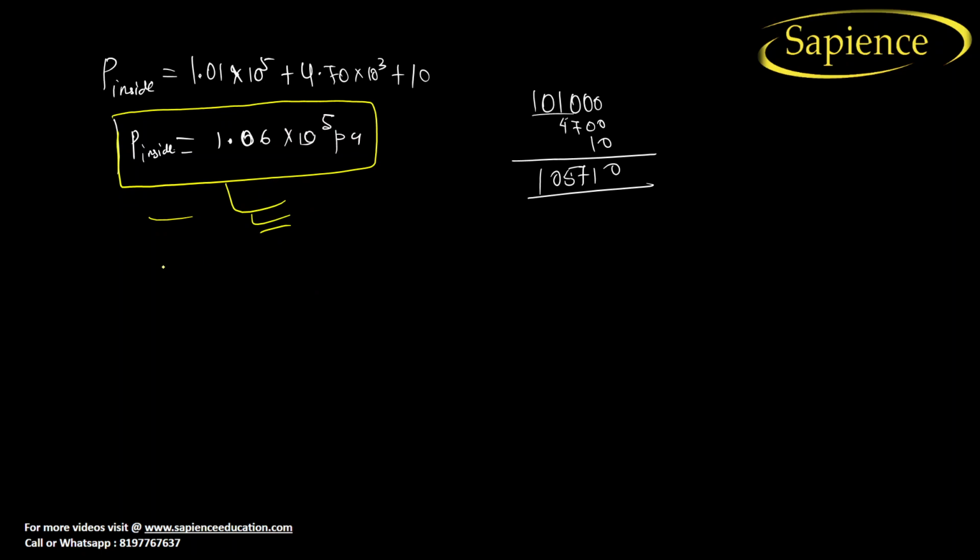So we have got the exact answer: P inside is equal to 1.06 into 10 to the power 5 Pascal. So this is the answer. I hope you have understood this.